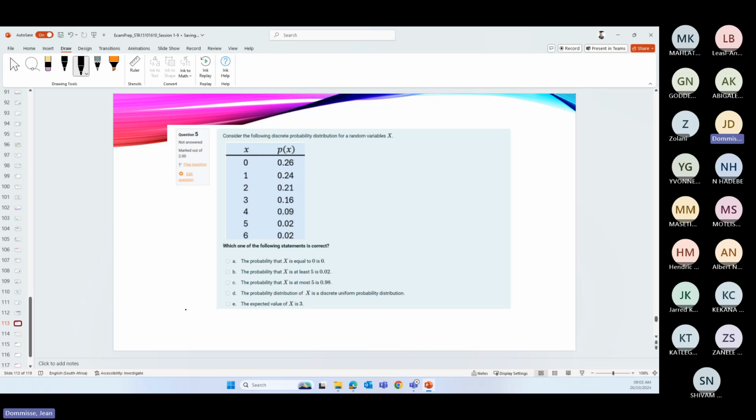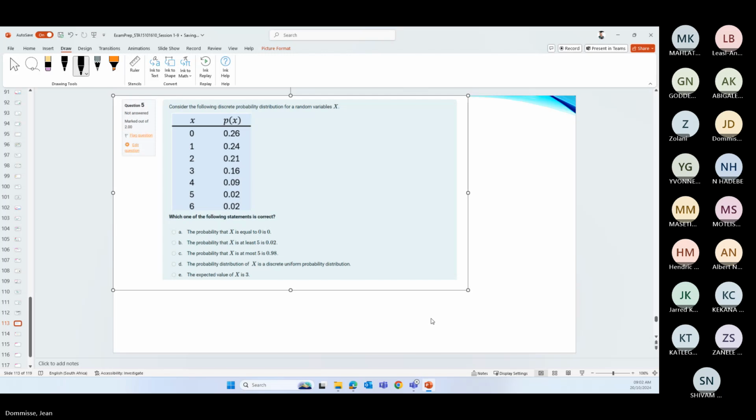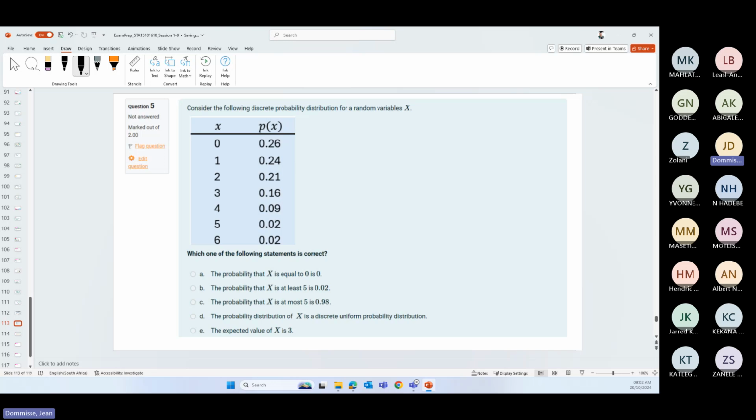Okay, discrete. So when we look at the discrete, I think again what is important is to nearly check if there are not the easy answers, because probability, expected value.